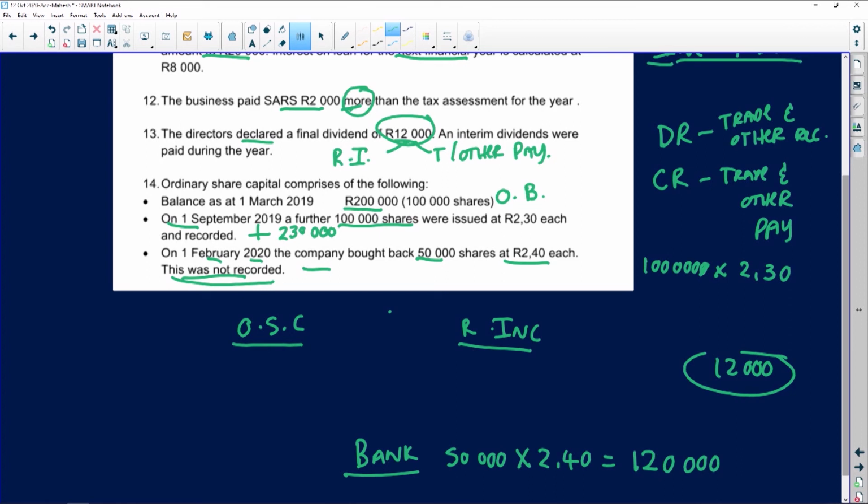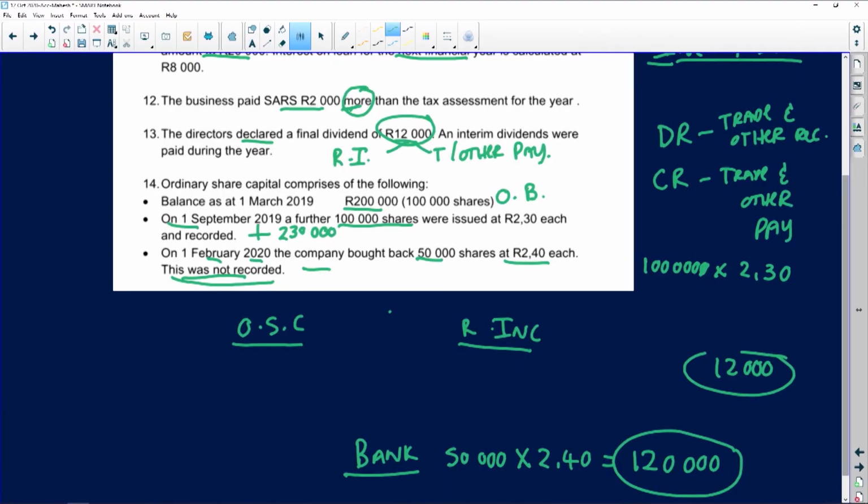Let's deal with this first and increase the overdraft. Remember, the company is paying out shareholders and they don't have money in their bank account. Our bank account is in overdraft, so we're now going to owe the bank a further 120,000.